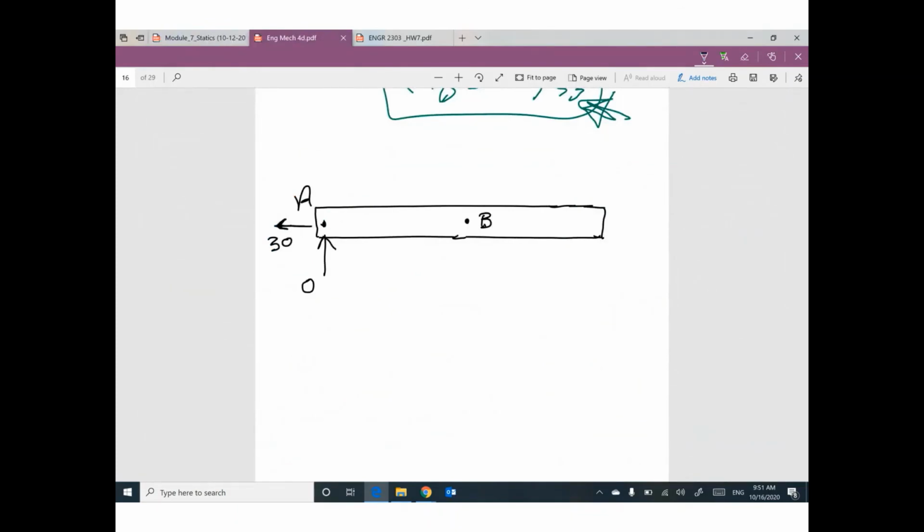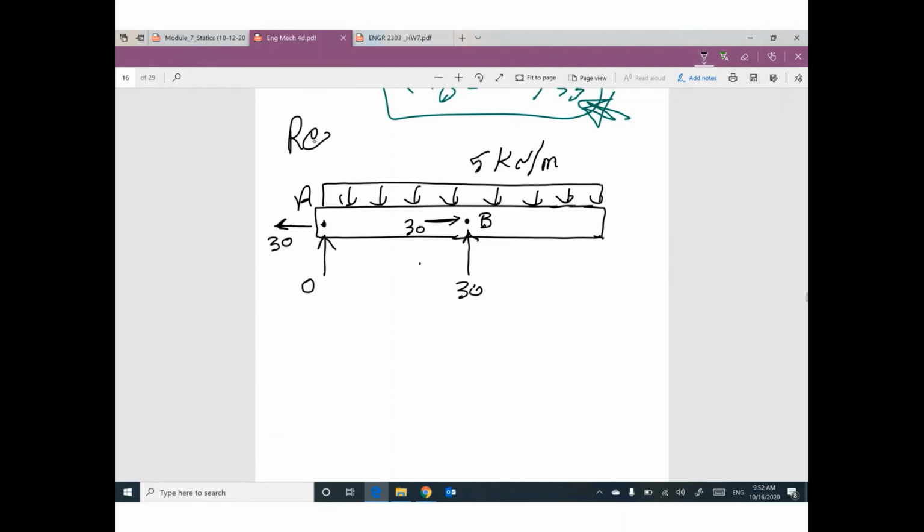We have here R. This R gives you vertical reaction 30 and horizontal reaction 30. And we have uniform distributed load, 5 kilonewton per meter. I'm going to forget this R because you already have the vertical and horizontal ones. This is the first step, reactions.